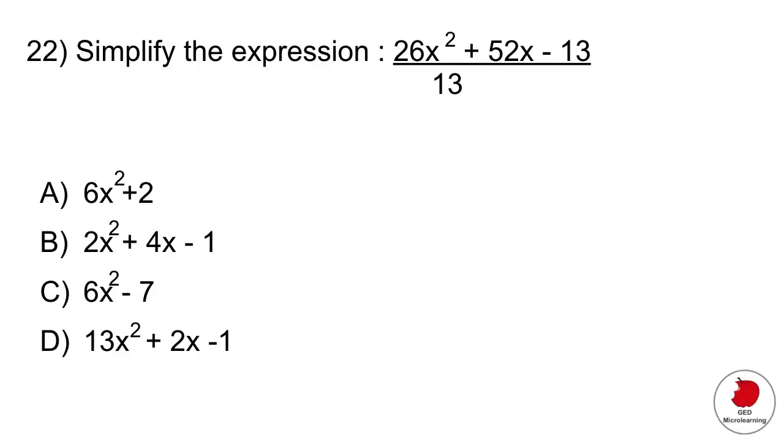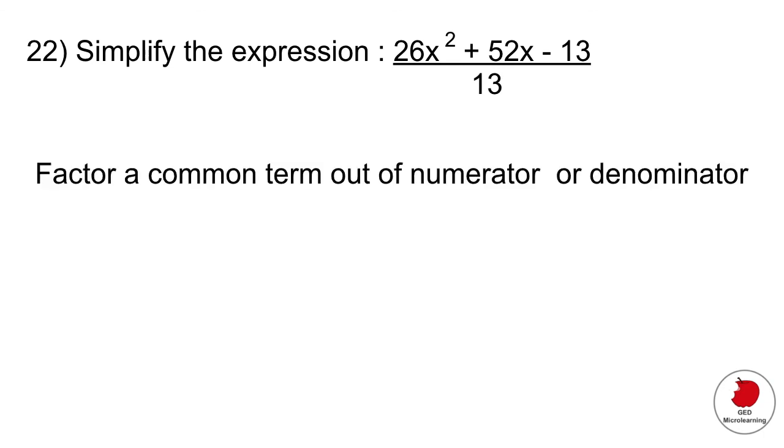Okay, next one, same sort of scenario. So you're asked to simplify an expression, and here you have to factor out a common term. So the common term here is 13. So if you pull 13 out from the top, your equation ends up looking like this, and you can multiply that out. You use the distributive property just to confirm.